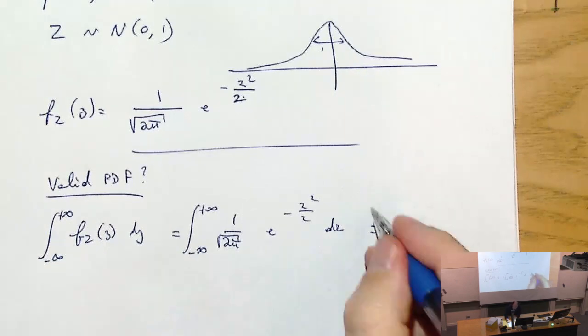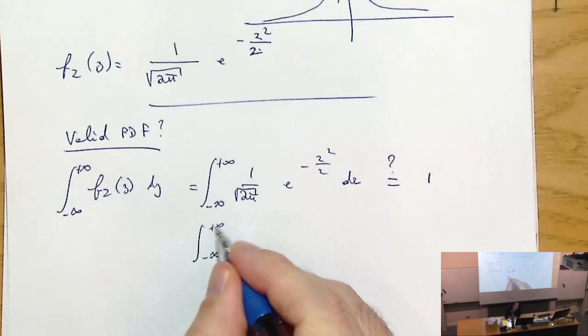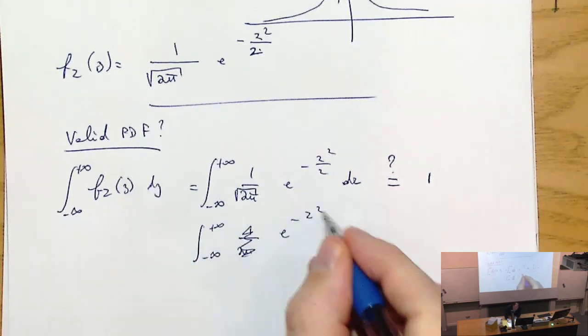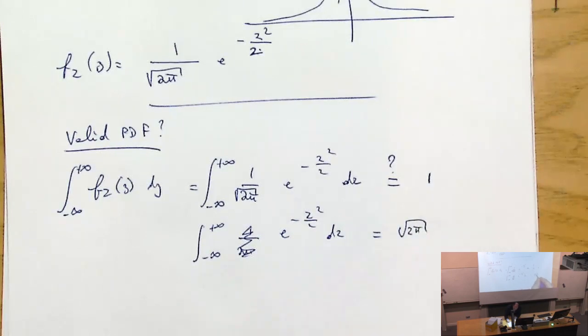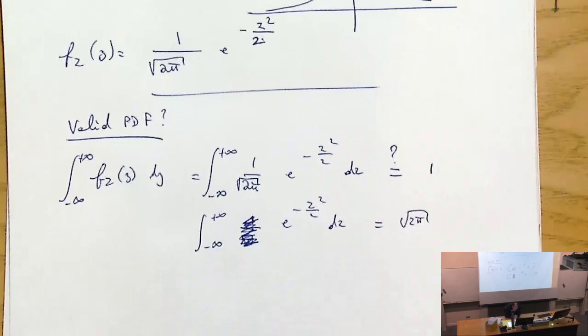This is what we have to show. Or in other words, the integral between minus infinity and plus infinity of e to the minus z square over 2 dz is square root of 2 pi. Okay, so let's try to show this.